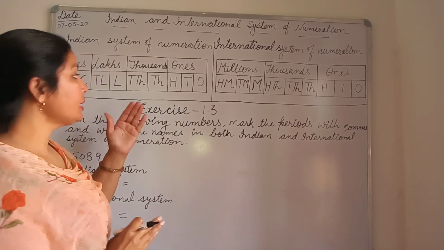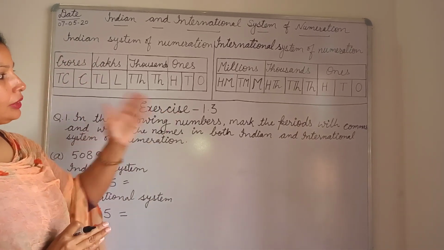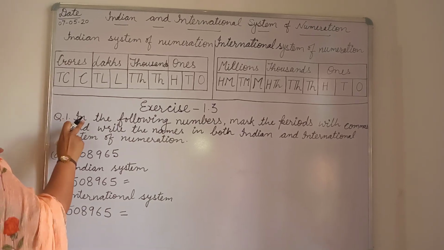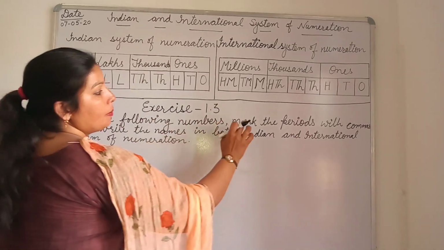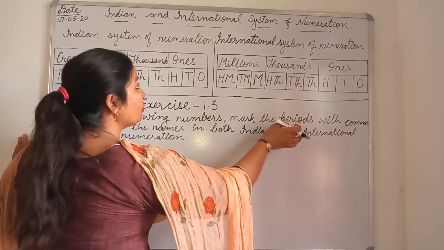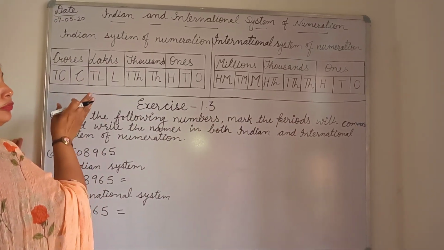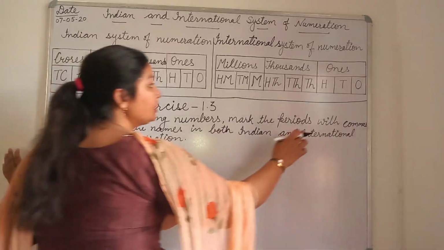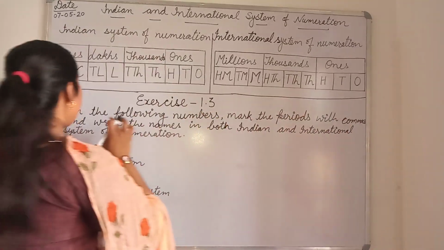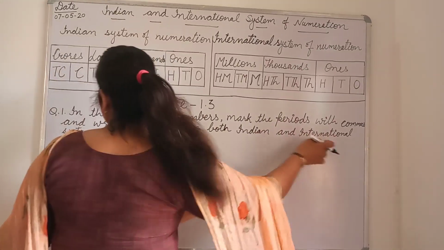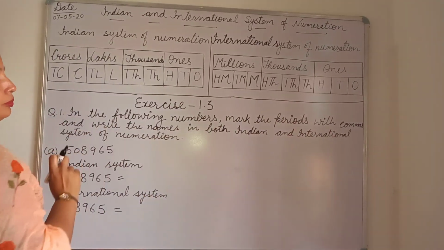Now we should start our exercise 1.3. So question number 1 is there. In the following numbers, mark the periods. First of all, you should mark the period according to the system of numeration with commas, and write the names in both Indian and international system of numeration.